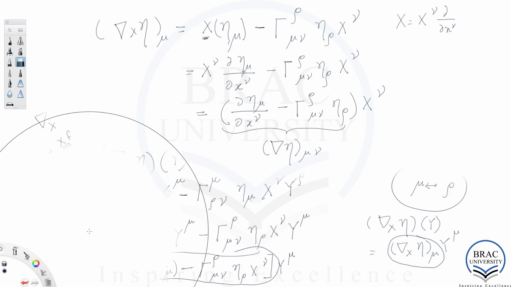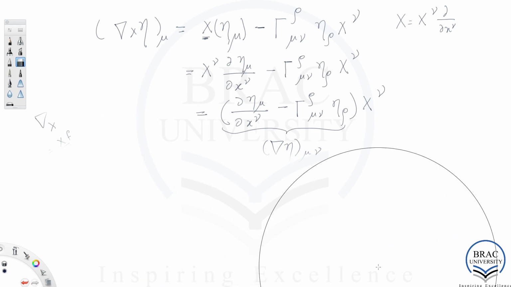So let me erase this bottom part now. We have found out that nabla eta is a 0,1 tensor field, and nabla eta is going to be a 0,2 tensor field, and this 0,2 tensor field is given by this expression, right?